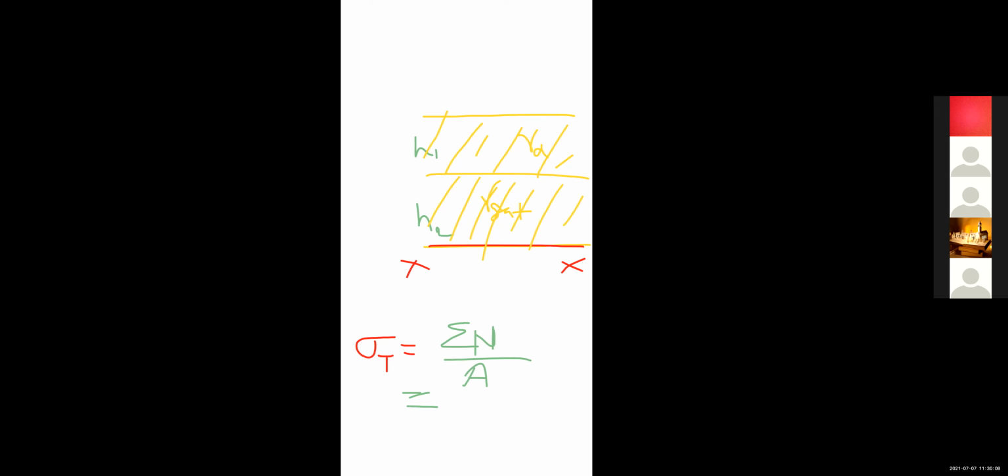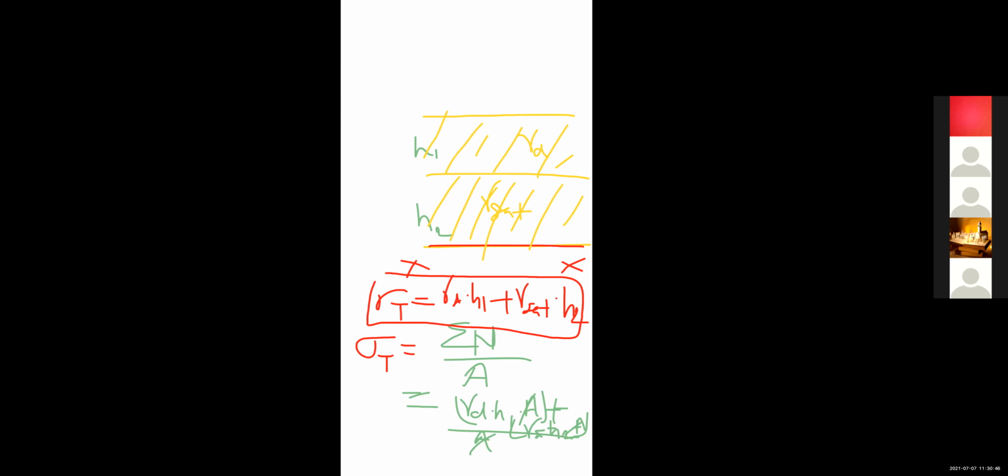Total normal force acting on this axis plane is gamma D into H1 into area plus gamma saturated into H2 into area, divided by A. So A is cancelled out, then sigma T equals simply gamma D into H1 plus gamma sat into H2. Okay, is this point clear to everyone?